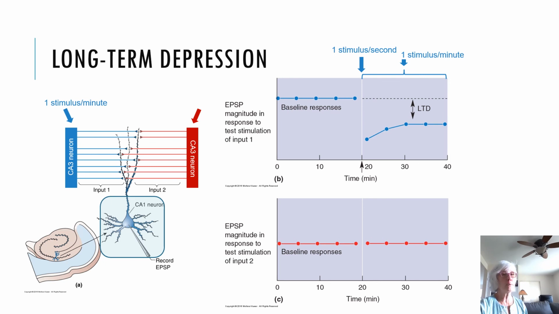So long-term depression is when we have that weakened stimulus, weakened connection as a result of a meh sort of input or meh sort of stimulus.